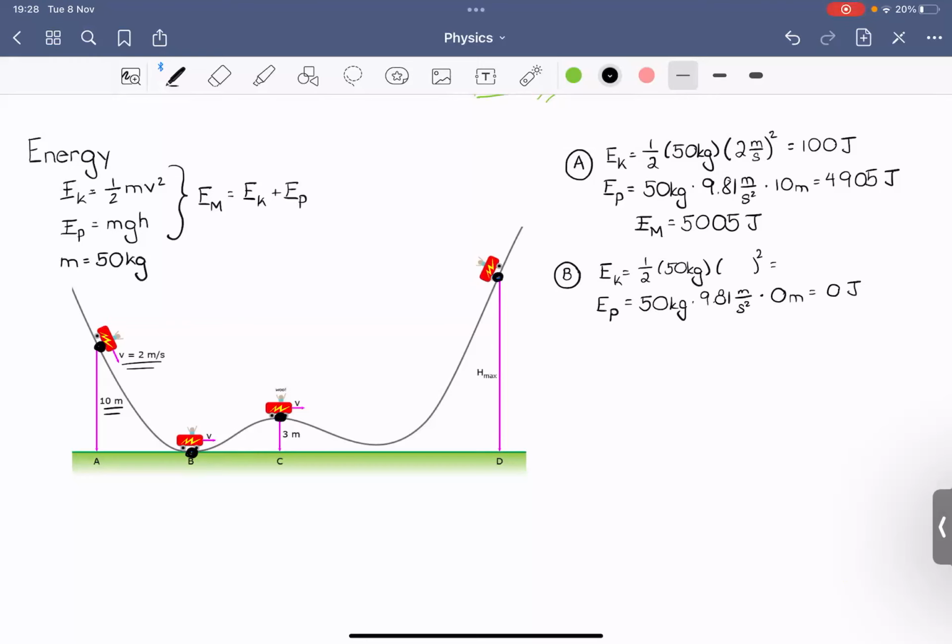Okay? And we said before that the mechanical energy is going to be exactly the same at any point. Therefore, if I know that the sum has to be 5,005, my kinetic energy has to be 5,005 joules. So we can now isolate for our velocity. Therefore, we're going to do 5,005 divided by the information that we have right over here on this side.